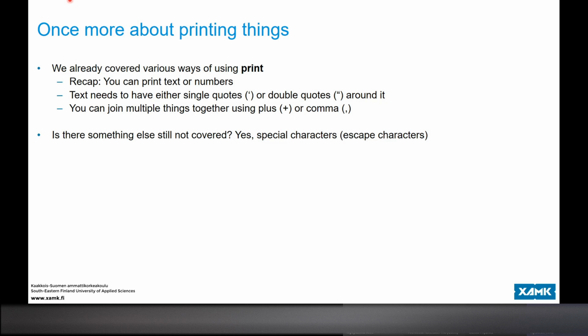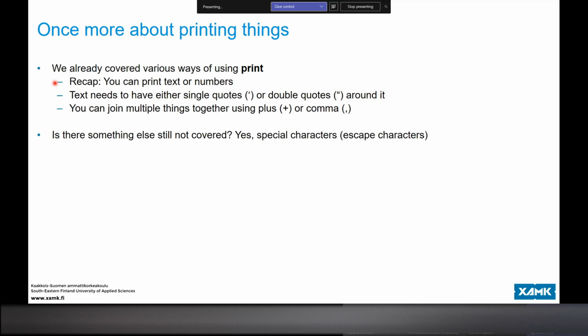Okay, so let's once more look at things related to printing. We already covered various things about print, and the gist of it all is you can print text or numbers.